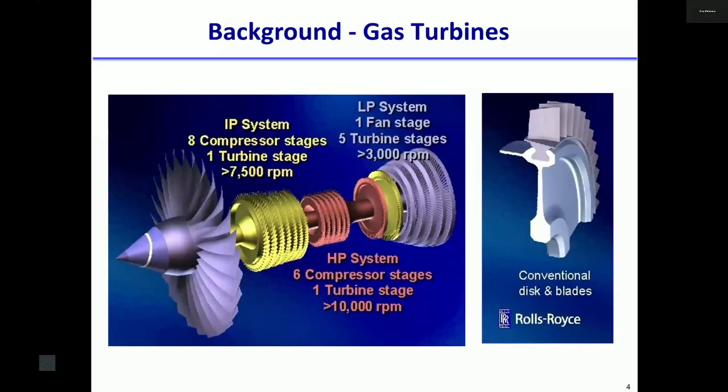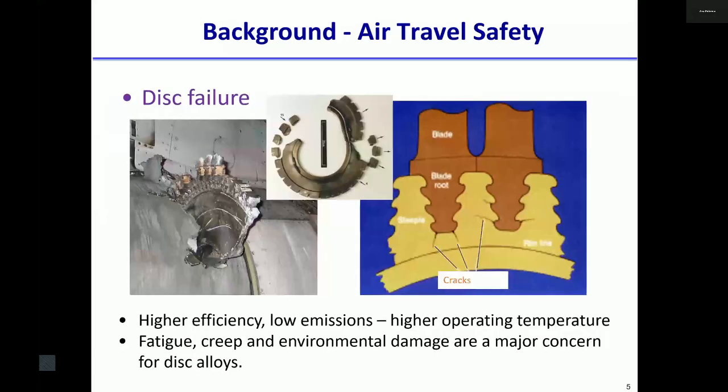If you look at the working condition, the turbine blade and turbine disc normally rotate at speeds greater than 10,000 revolutions per minute. This gives lots of centrifugal load and a high level of stress. This is a typical failure of the turbine disk. You can see we have notches, because this is necessary for the structural design.